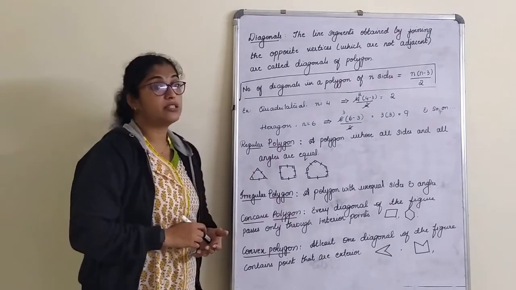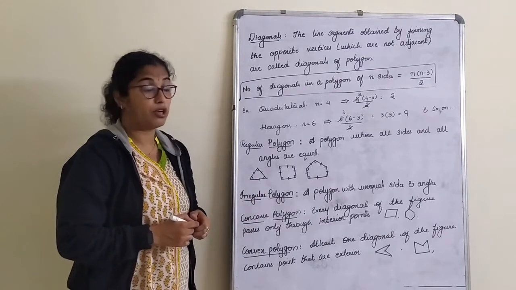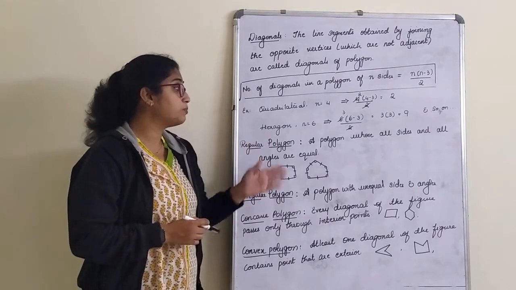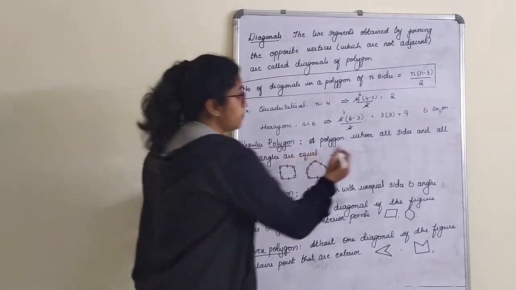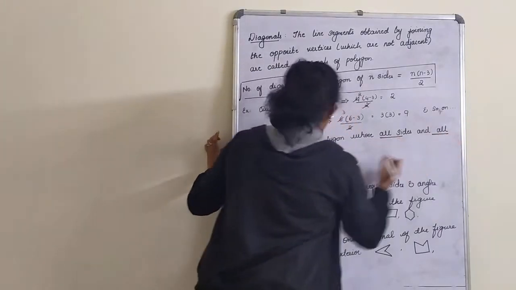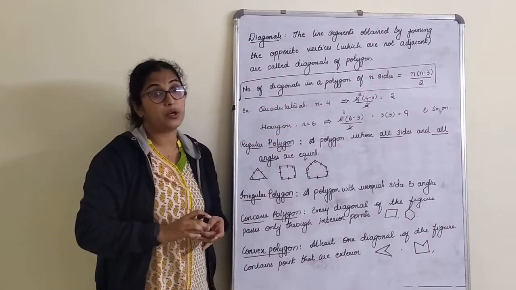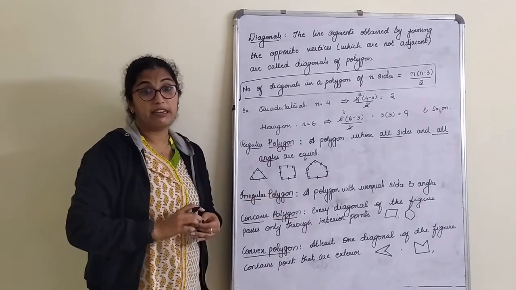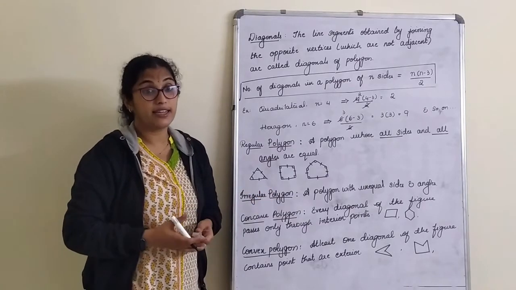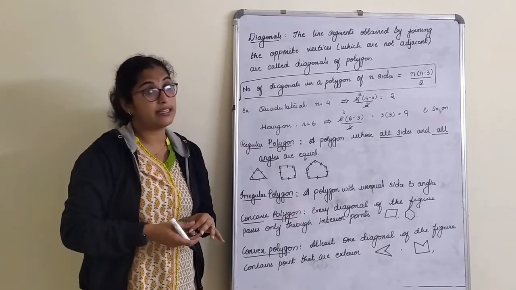Next, we'll understand about regular polygons and irregular polygons. A regular polygon is a polygon whose all sides and all angles are equal. Example, regular triangle. What is a regular triangle called? A regular triangle is called an equilateral triangle since all the sides and angles are equal.